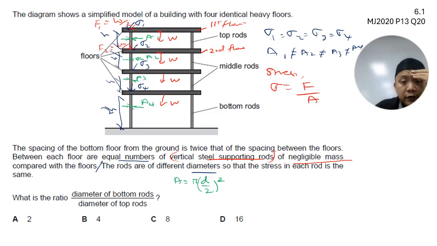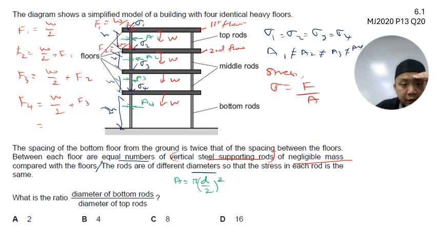But here you have W over 2 as well. So F2 will be equivalent to W over 2 plus F1, where F1 is equal to W over 2. As you go downwards to the bottom floors, you will have the same scenario. Eventually F4 will equal W over 2 plus F3, and if you substitute everything, the fourth floor total force will be equivalent to 4 times W over 2.